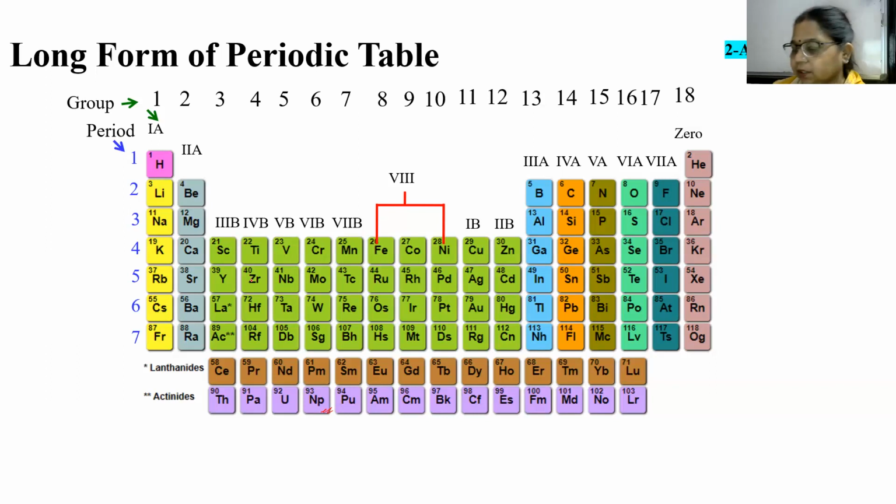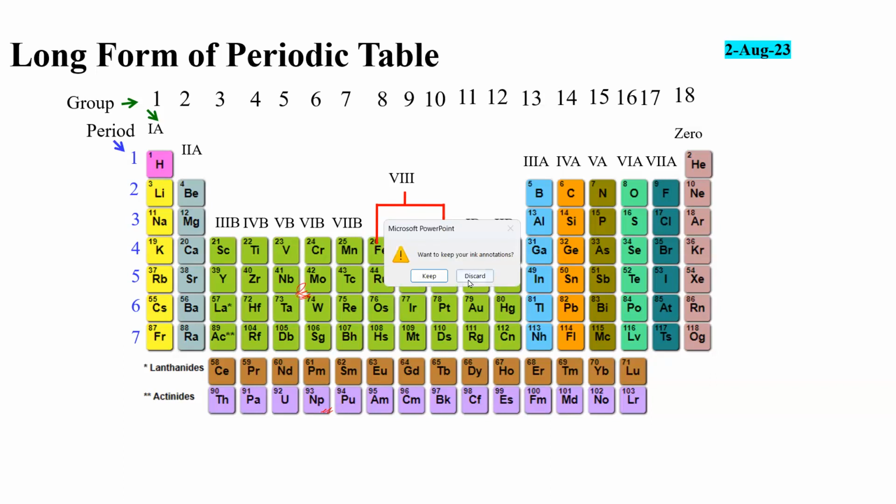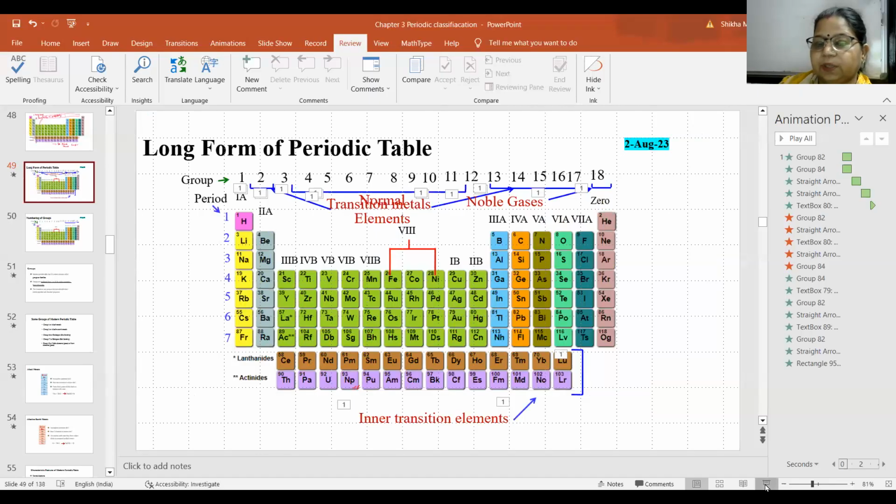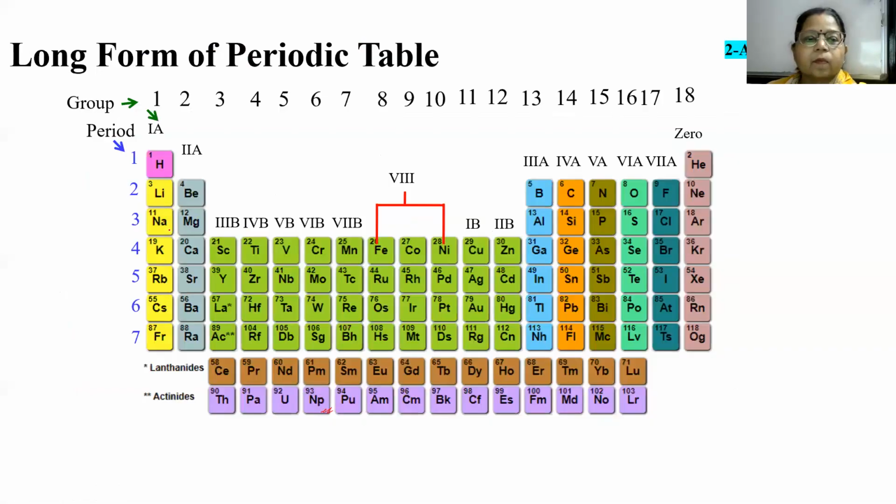Okay, let us recall what was the electronic configuration of block S elements. Anybody remember that? Please be louder and repeat again. I'm so sorry for that.